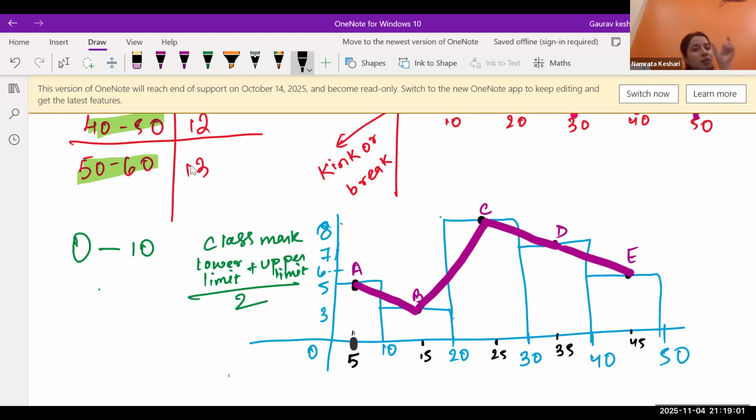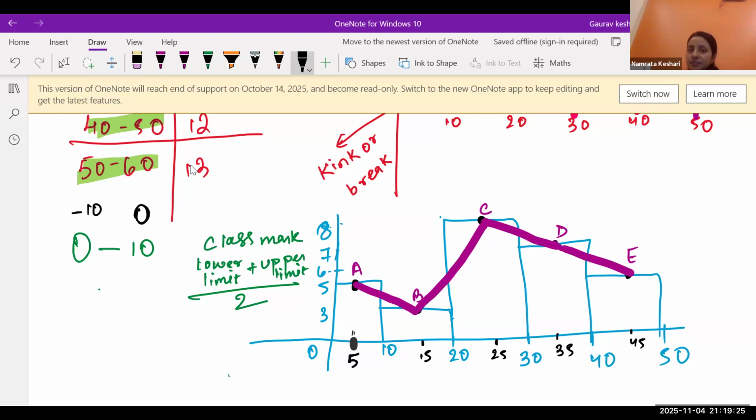That's why we are creating a virtual class interval. How? 0 to 10 is there. Before that, if I tell you to take a class interval, it will be minus 10 to 0. Yes or no? Is it making sense to all of you? We are creating it by ourselves.